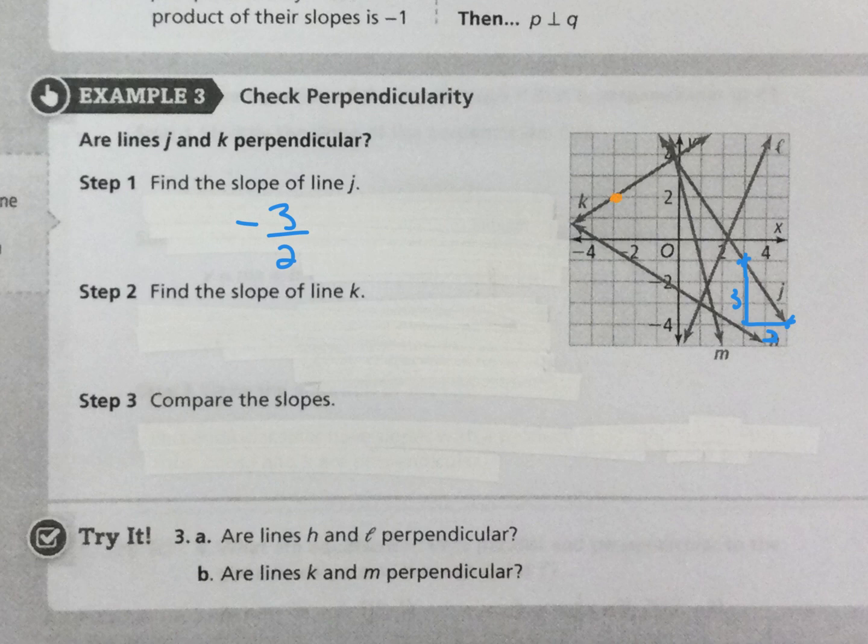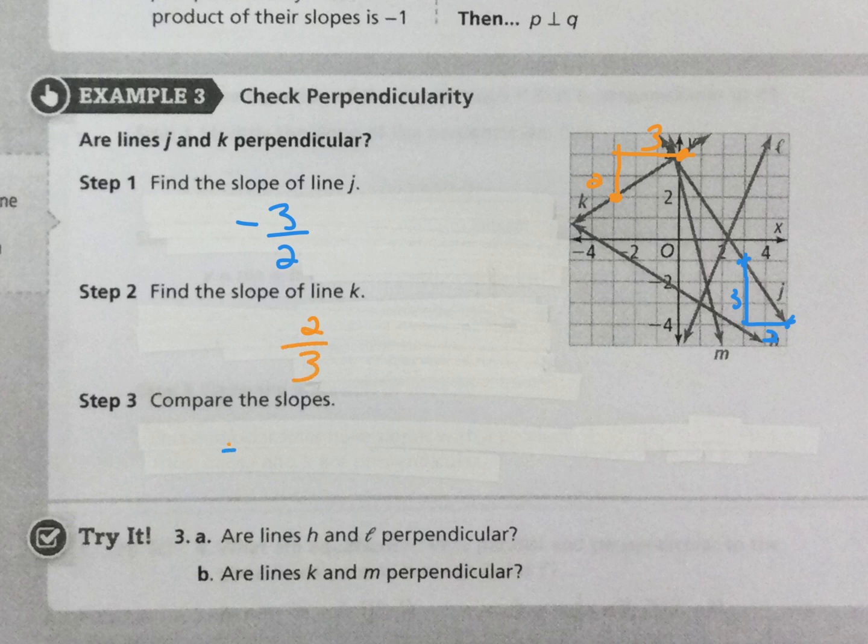K is here, and here. 1, 2, 1, 2, 3. So the slope of K is positive 2/3.